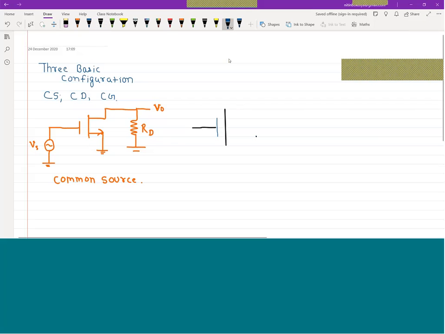This is common gate. So gate is connected to ground and this is source. So we will apply a voltage at the source terminal.